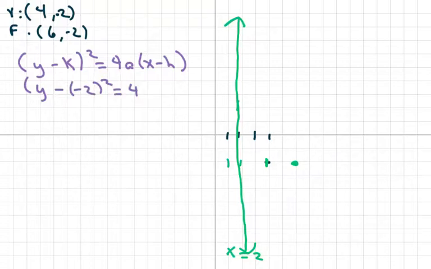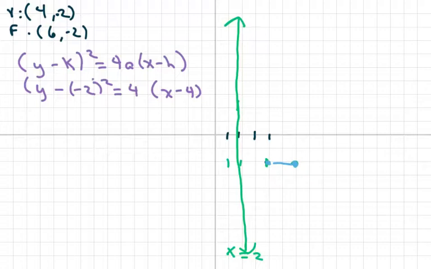Now my a, I'm going to put in just a minute, and it's going to be x minus 4. We know my a is 2 because I went over 2 to get to the focus, and over 2 to the left to get to the directrix.